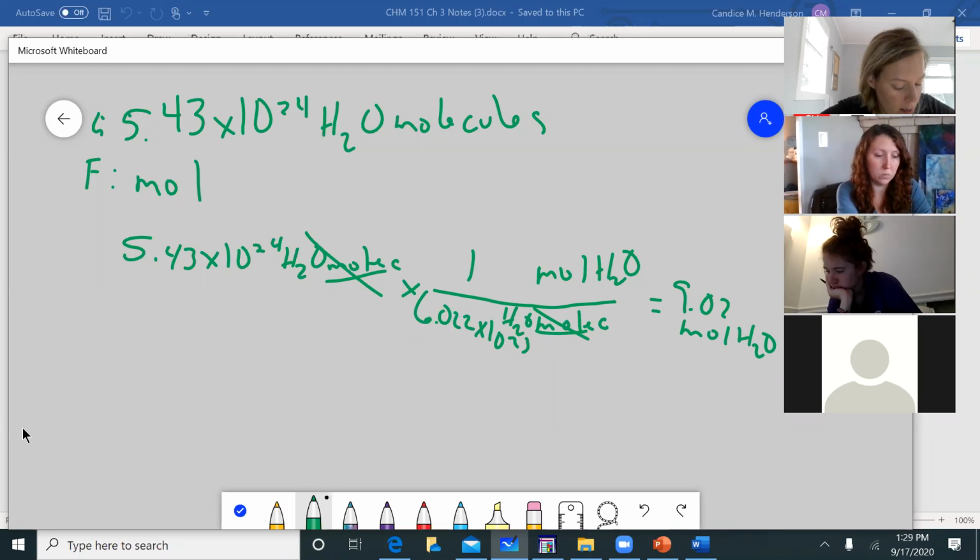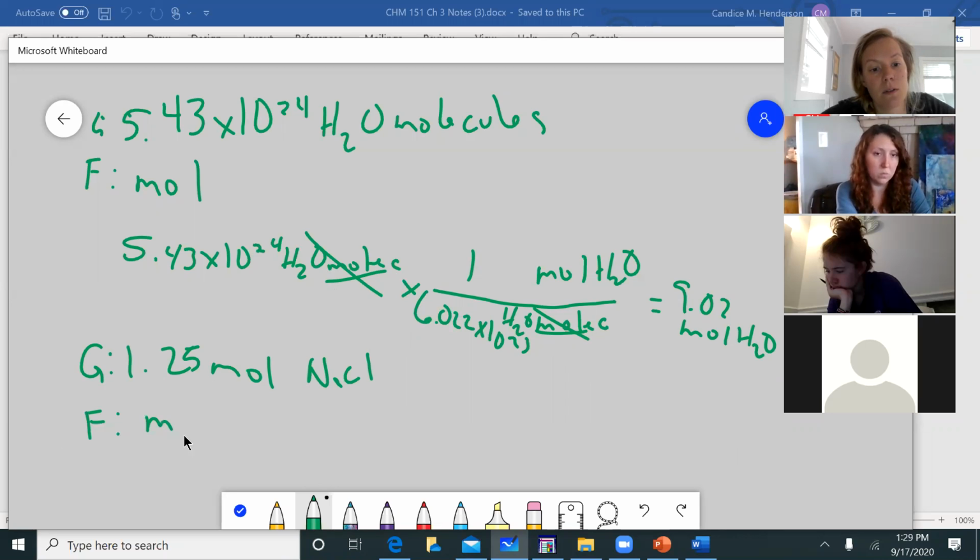Next one, how many molecules were given? So we have 1.25 moles of NaCl. And I want to find molecules.